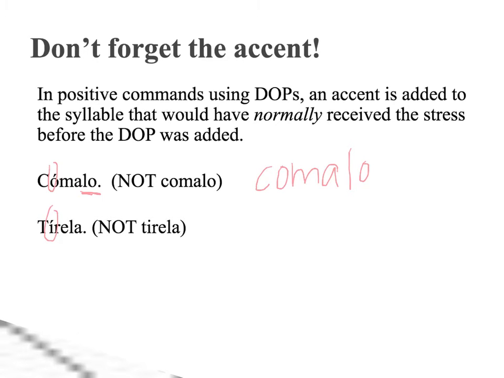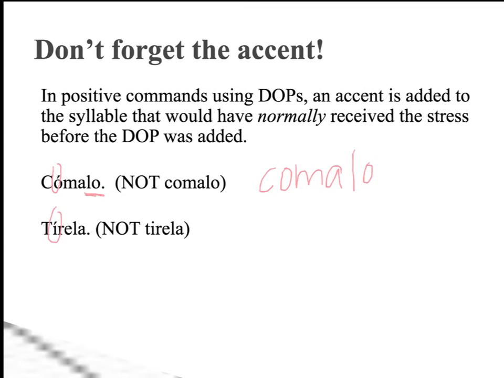Now, in Spanish, the accent always falls to the second to last vowel. And so when we don't have the accent, it says comalo. But we want to preserve the regular verb. And so if we say comalo, our listener may not understand that we're asking them to eat it. And so we have to add the accent to preserve the verb that's being commanded.